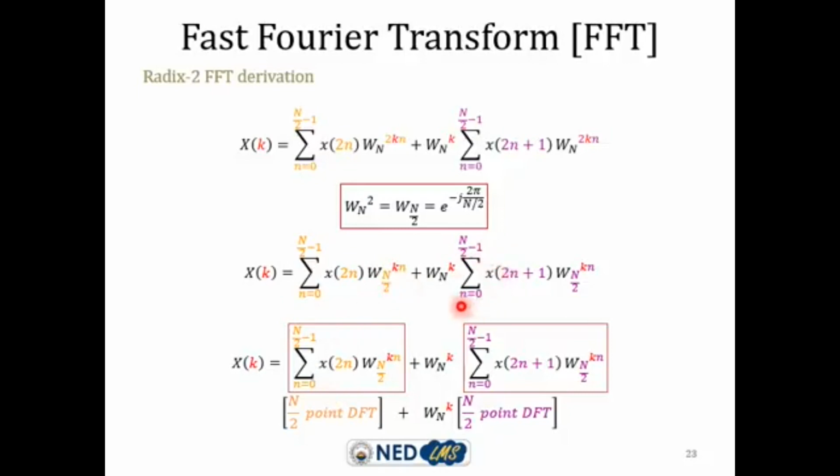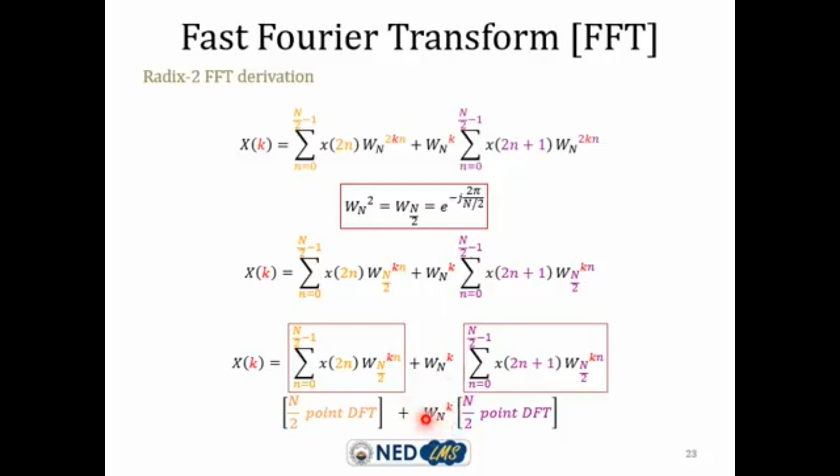Similarly, this equation also represents an N by 2 point DFT equation. So this is the second N by 2 point DFT. And this W_N^k factor is simply a multiplication factor which is introduced in the second N by 2 point DFT. We will discuss this factor W_N^k in detail in the upcoming slides.